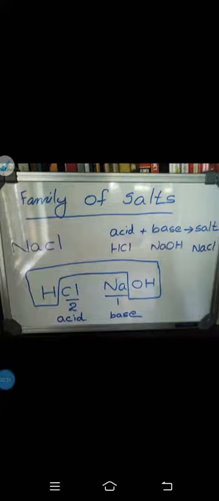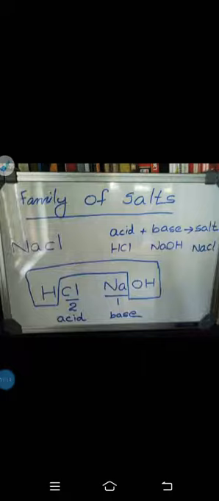Now, we can consider one of the salts, NaCl. Do you know how this NaCl is formed? We already studied that when an acid combines with a base, salt is formed as a result of it.